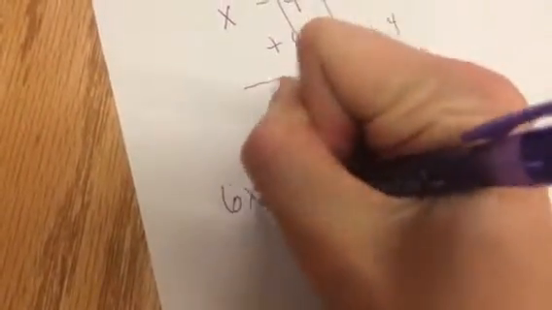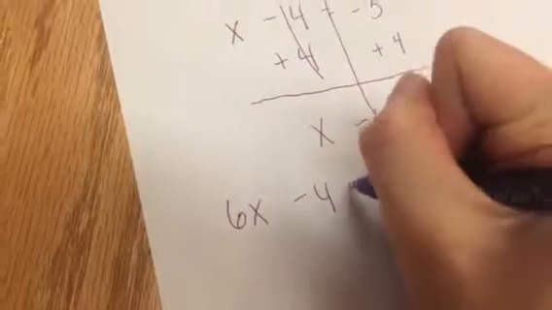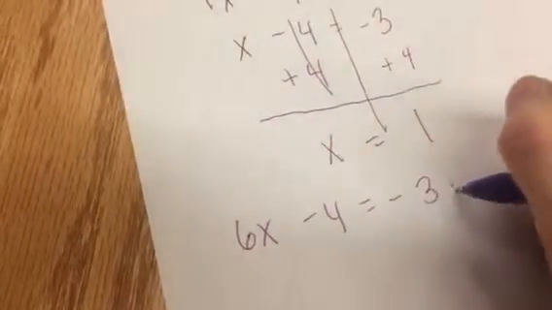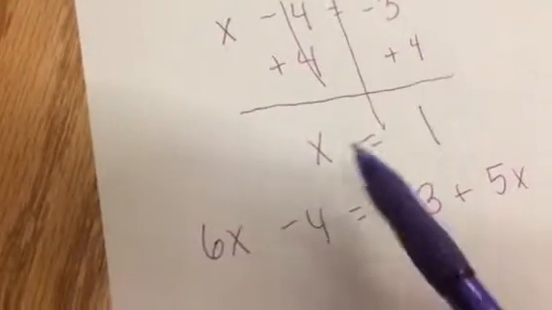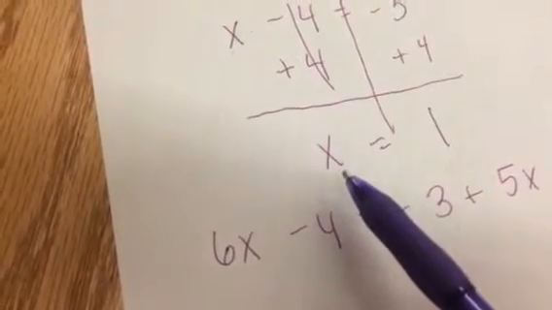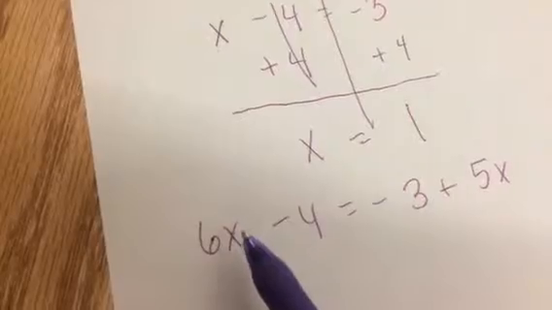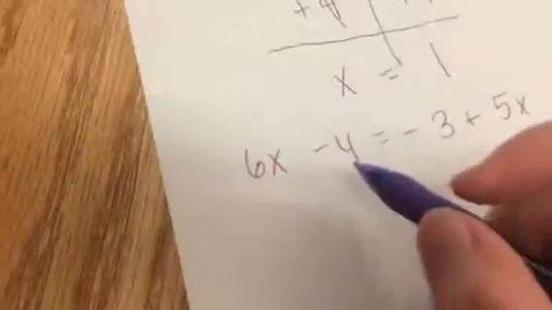So let's recopy that down here. Our equation is 6x minus 4 equals negative 3 plus 5x. And we're trying to see if x really does equal 1. So we have to plug in 1 for x, wherever we see x.